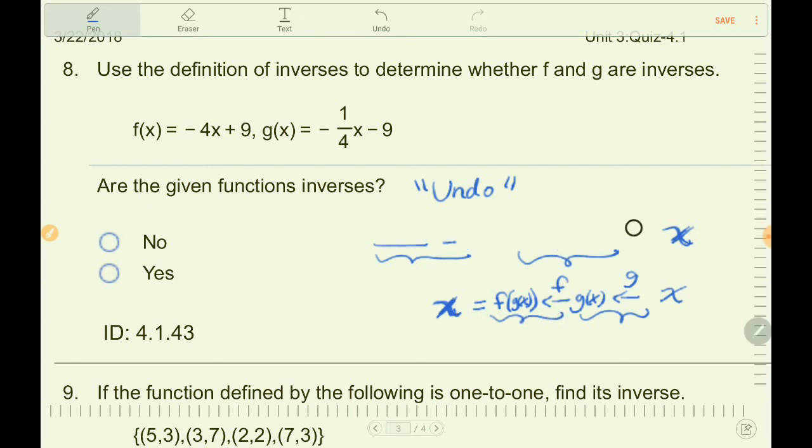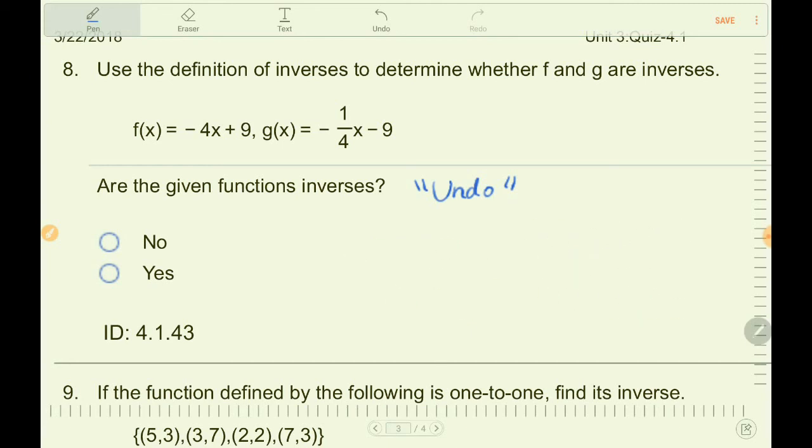So it's a very circular relationship, and it's another way of looking at it. Like if I say, here's my f of x function, and here's my g of x function. If they're inverses, then there's some x value that I can put here, and then I can take that result and put it here, and it'll get me back there. And it works the other way around as well.